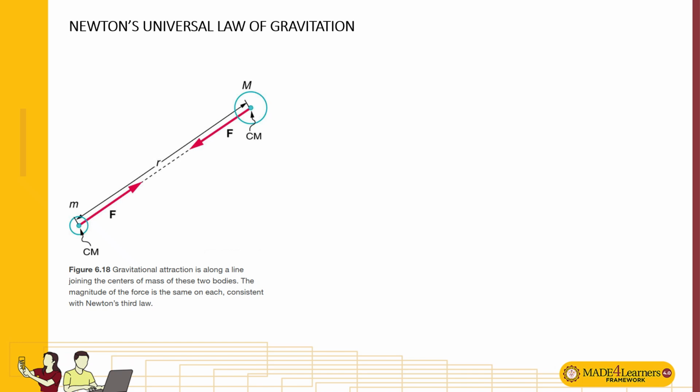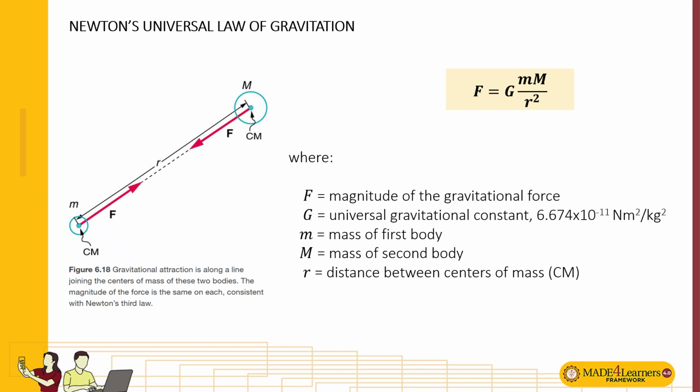So it should be consistent with the third law of motion, that the magnitude of the force is the same for each body but opposite in direction. Mathematically, the gravitational force is the universal gravitational constant G times the product of the masses of the bodies, and then inversely proportional to the square of the distance between the centers of the two bodies.